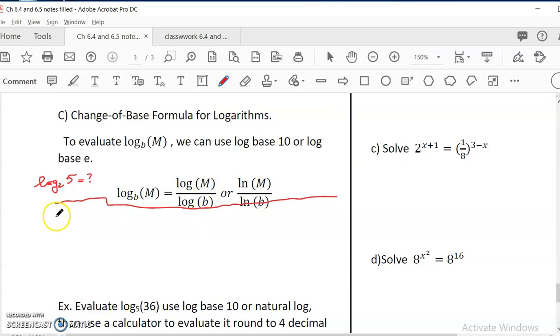Okay, so the way you do it is, I want to do log base 2 of 5, but I don't know what it is. So I'm going to add log base 10 on both sides.